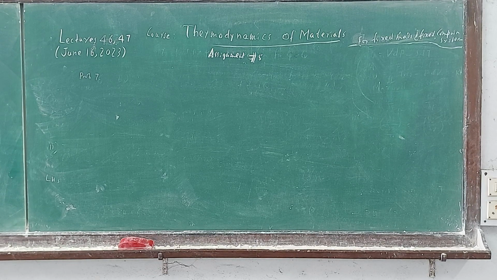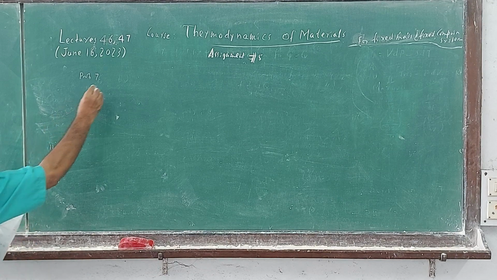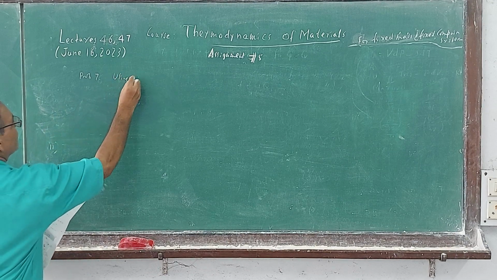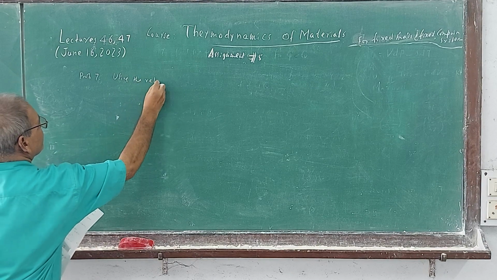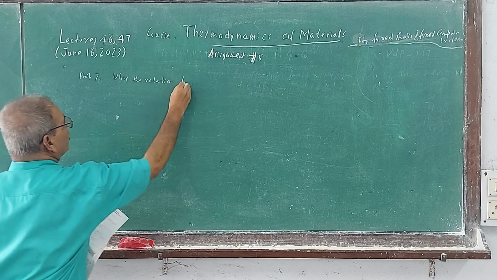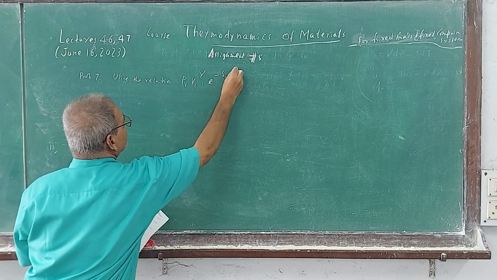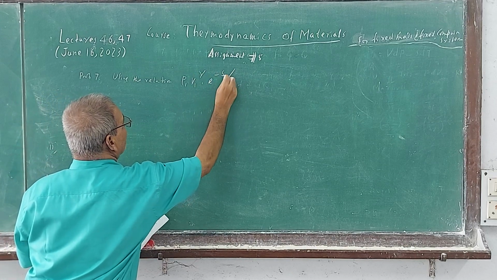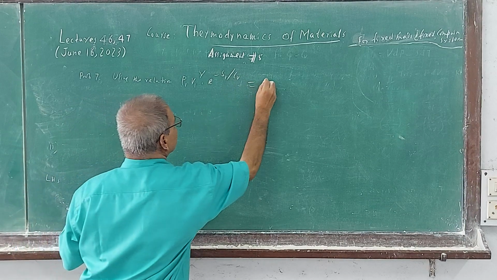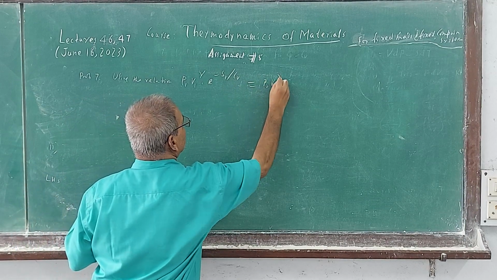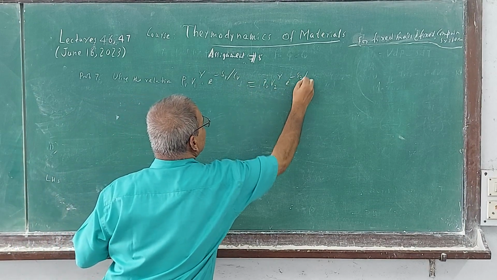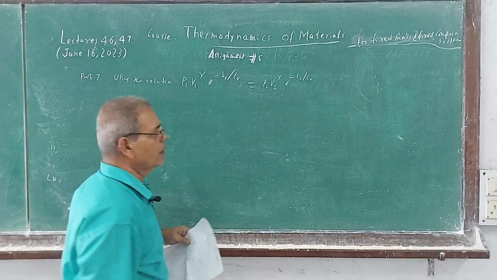Using the relation. What is the relation I tell you? P1 V1 to the power gamma e to the power minus S1 by CV equals P2 V2 to the power gamma e to the power minus S2 by CV.